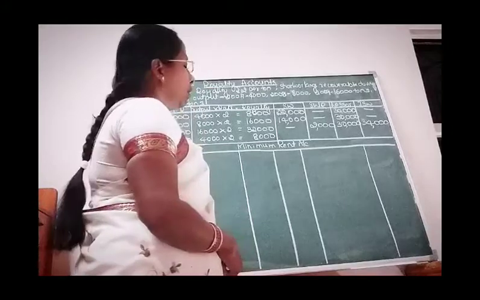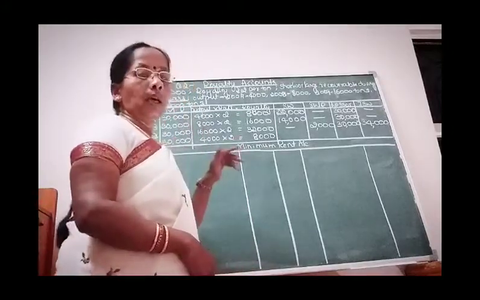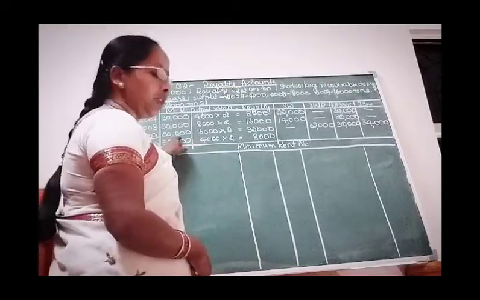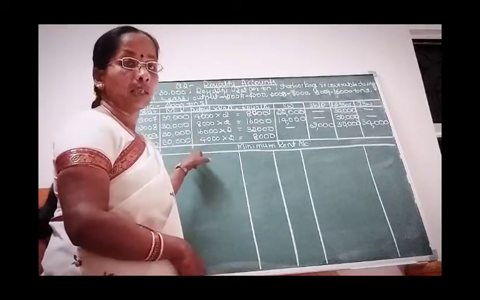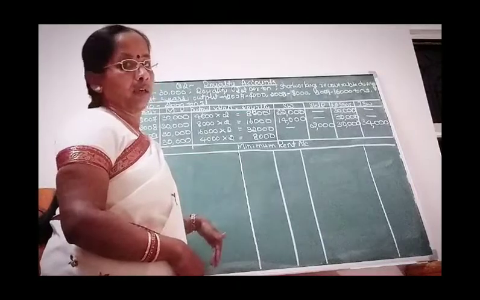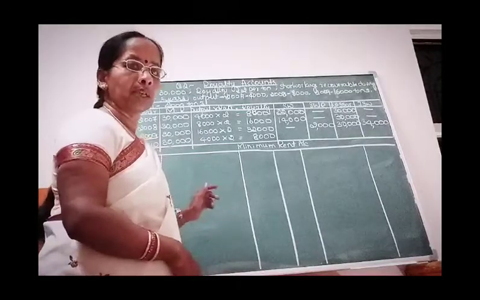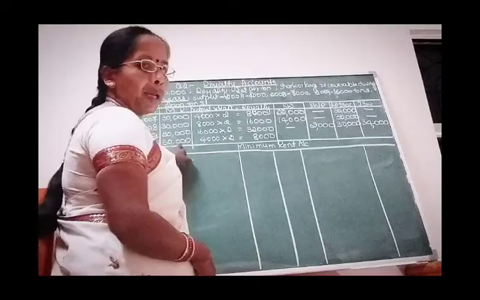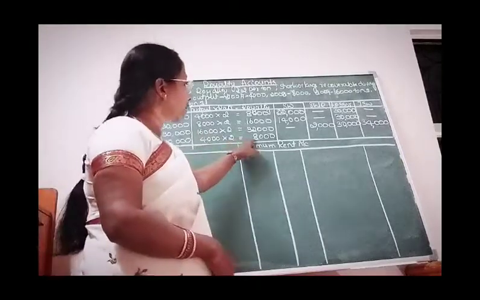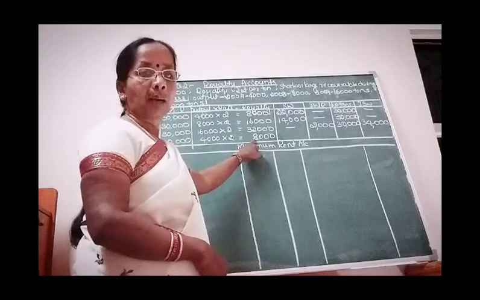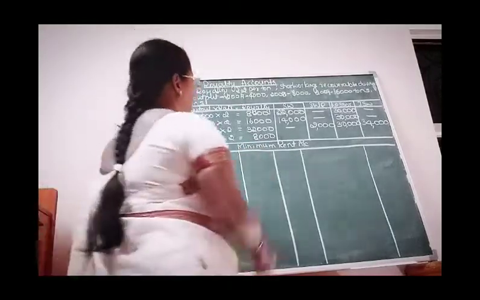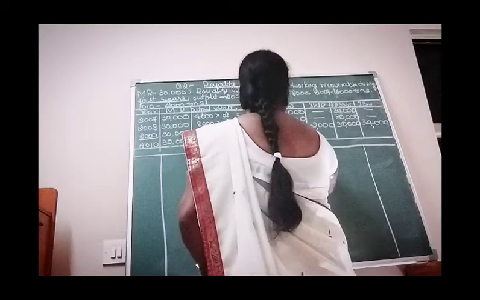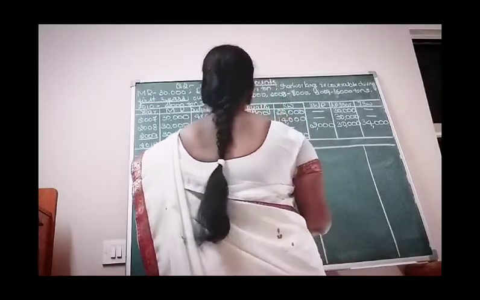Last year, this is again a peculiar situation. After this third year, again there is a short working, but for this we don't have further information. Whatever it is, we fill up. 30,000 is the payment, but in the fourth year suddenly the royalty has come down to only 8,000. So in the last year again we will have a short working of 22,000 only.